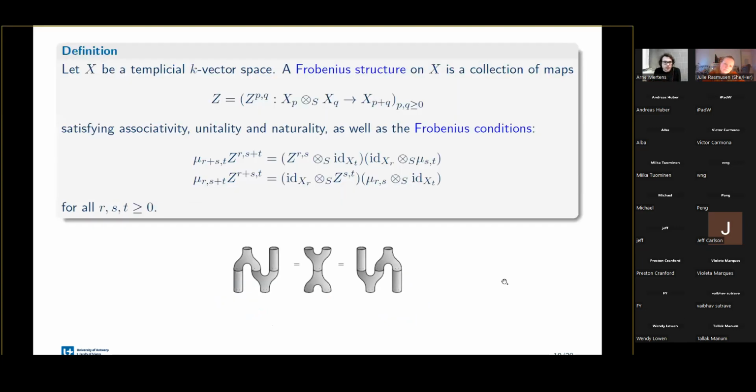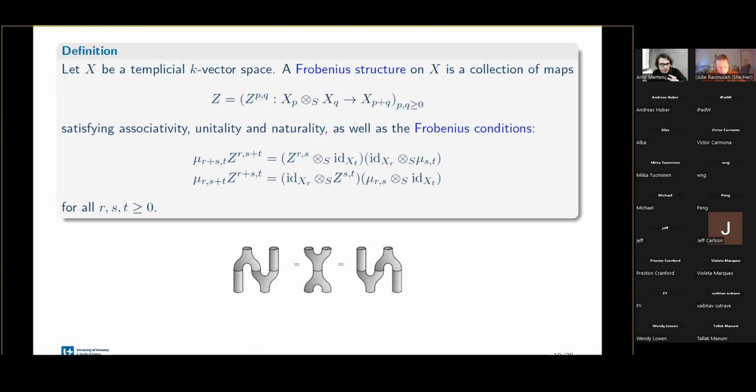And then we axiomatize this idea for general templicial vector spaces. So we call a Frobenius structure a collection of maps which have this property, which I just described on the previous slide. So it's a collection of maps going from X_p tensor X_q to X_{p+q}. In other words, it's a bunch of maps which allow us to fill in necklaces, satisfying some conditions: associativity, unitality, and naturality, which means that they are compatible with the face and degeneracy maps.